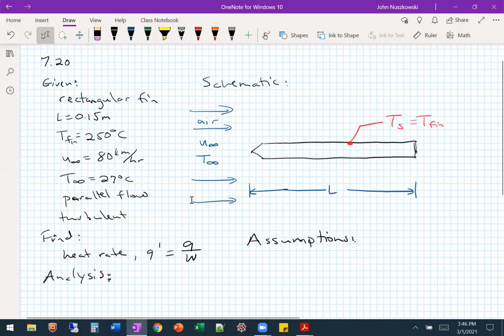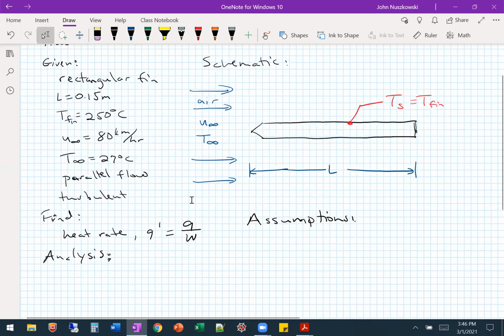All right, so where do we start? There's 14 people out there, someone's got to have an idea. Where would you begin this problem? Not even thinking about chapter 7, new material. Start with a COE.